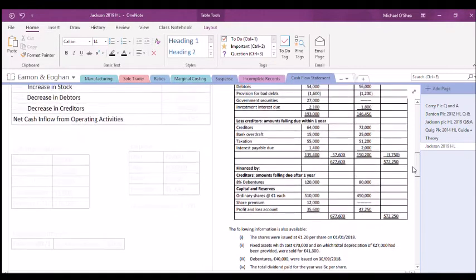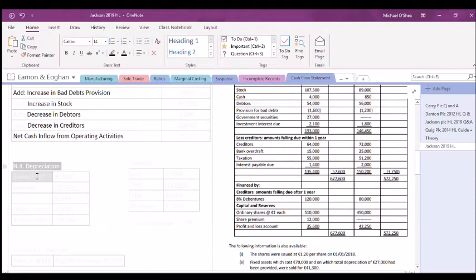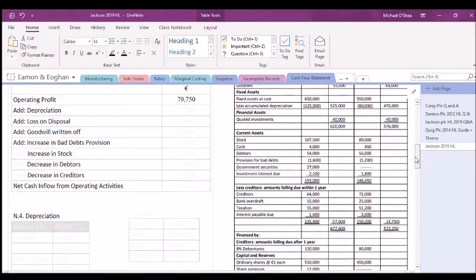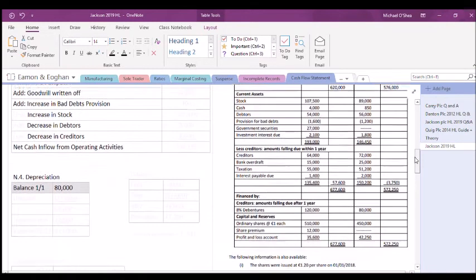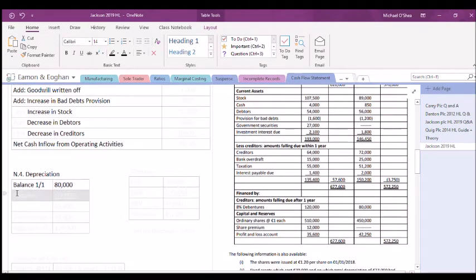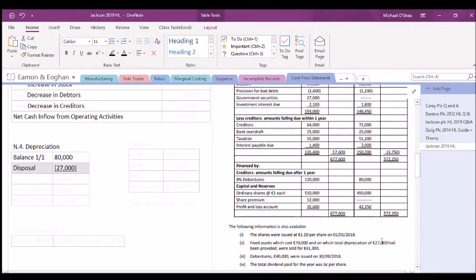How that works out is that I have to do a note now on my depreciation. So my depreciation note here, I'm going to start with the balance I had at the first of the first. And the balance I had at the first of depreciation was 80,000. The next thing I'm going to look at is my disposal. And we're told in the question that I had a disposal of 27,000.